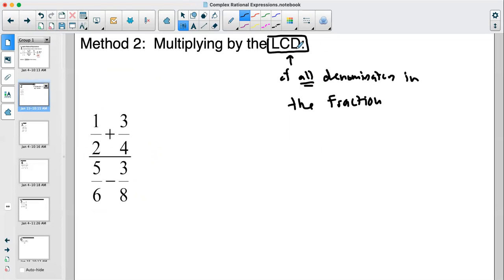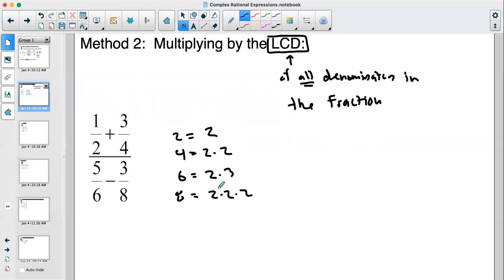So to find the LCD of all the denominators in this fraction, I know I have a 2, that's this one. I have 4, which is 2 times 2. I have 6, which is 2 times 3, and I have 8, which is 2 times 2 times 2. So these are all my denominators here.